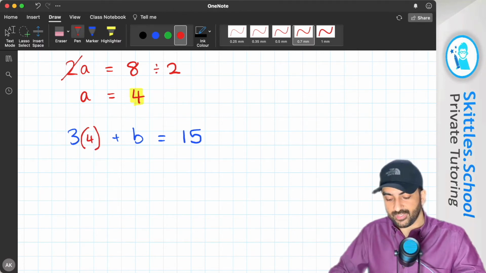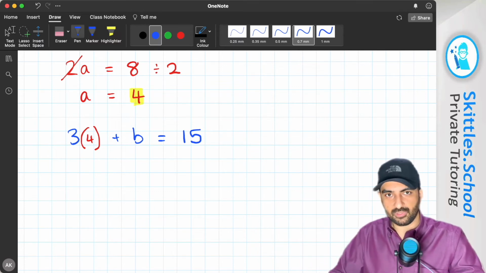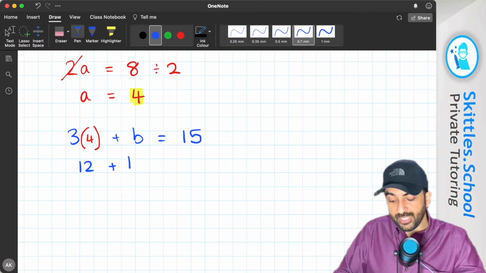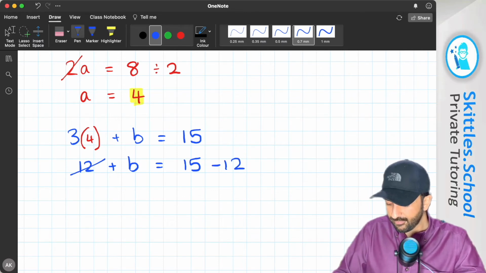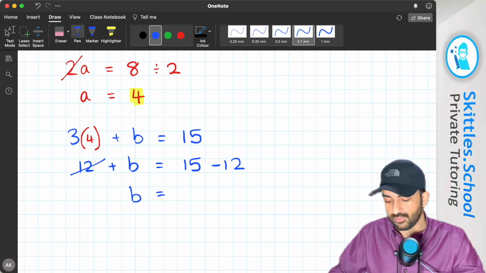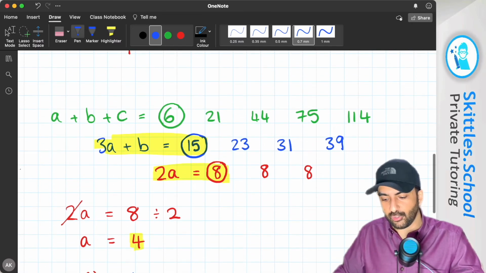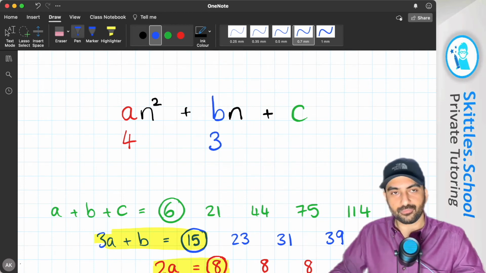So now we have 3 times 4 plus b is equal to 15. Well, 3 times 4 is 12, plus b is 15. If I subtract 12 from both sides, I'm left with b is equal to 15 take away 12, so b is equal to 3. Now we've worked out b. And again, let's put that into our general form. b is equal to 3.